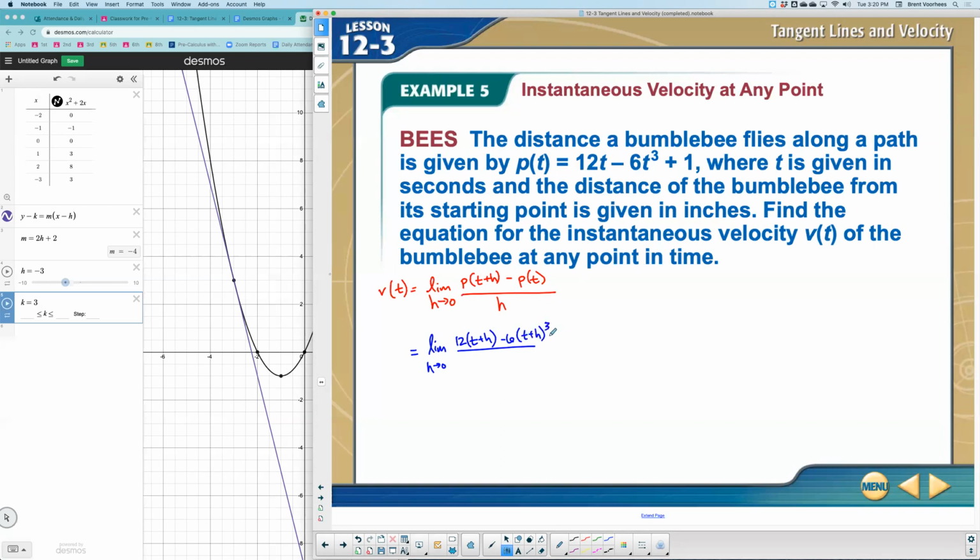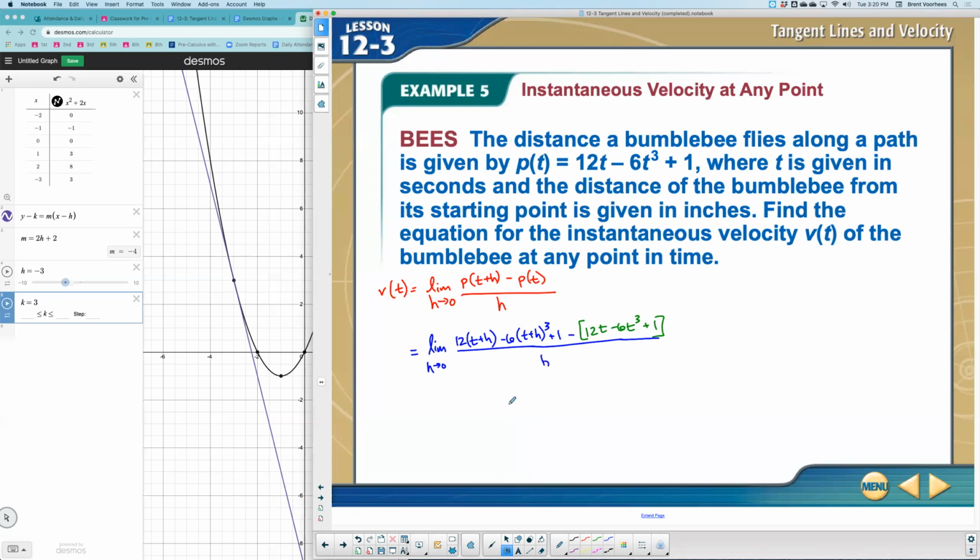That'll be fun here in a moment, plus 1. And then we will have minus, and I'm going to throw in here a different color, this equation p of t itself, 12t minus 6t cubed plus 1. And all this will be divided by h.